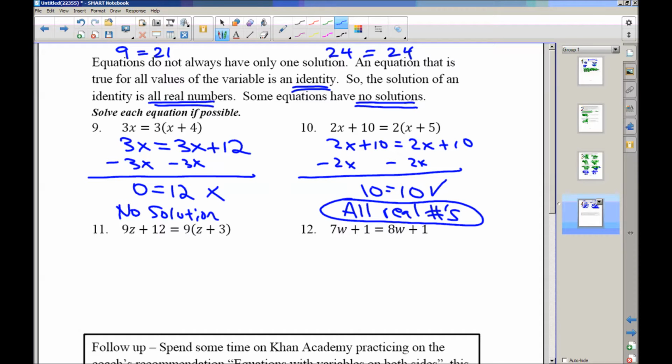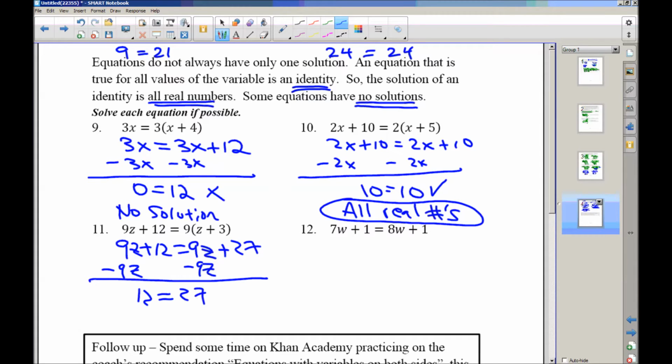Okay. All right, number 11, I get 9z plus 12 equals 9z plus 7. When I'm done subtracting 9z from both sides, I get 12 is equal to 7. Obviously, that's not true. So put a little x there, and write no solution. And in the last one, I subtract 7w from both sides.